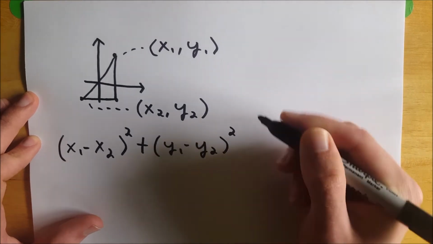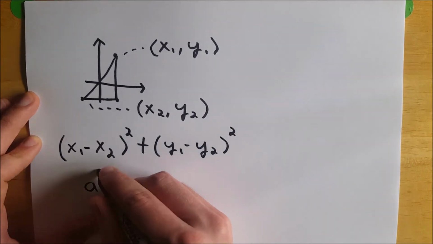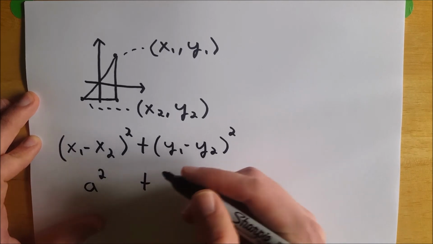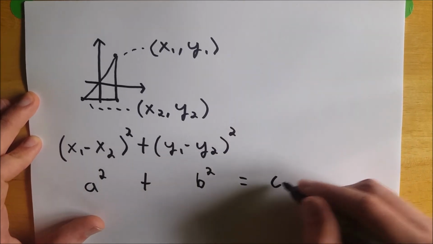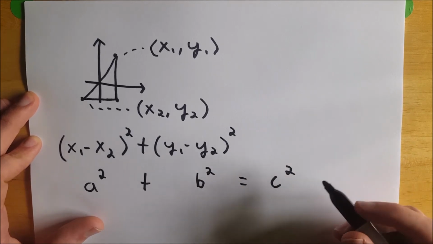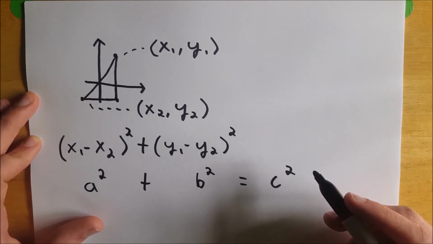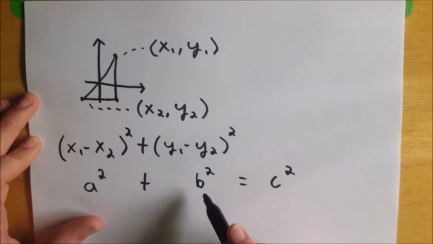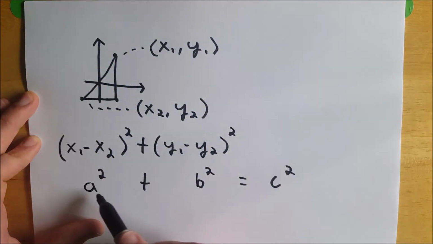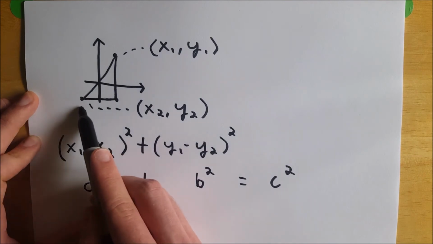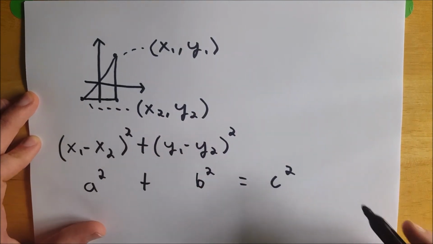So we add to this y1 minus y2. And we square that. And remember, we're using the Pythagorean theorem here, so we're writing an equation of the form a squared plus b squared equals c squared, where c squared is the square of the length of the hypotenuse of a right triangle, b squared is the square of the length of a leg of a right triangle, and a squared is the square of the length of the other leg of the right triangle.